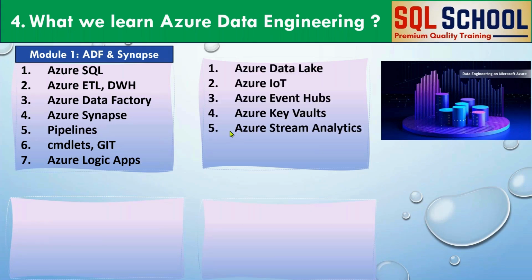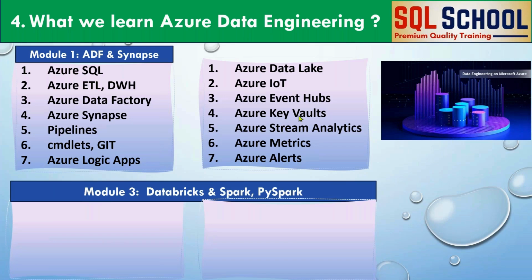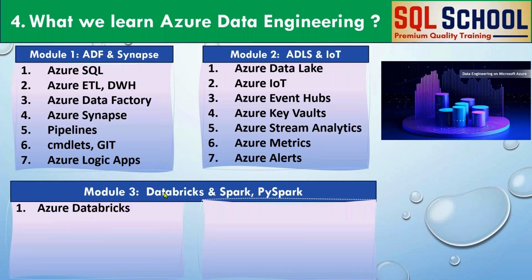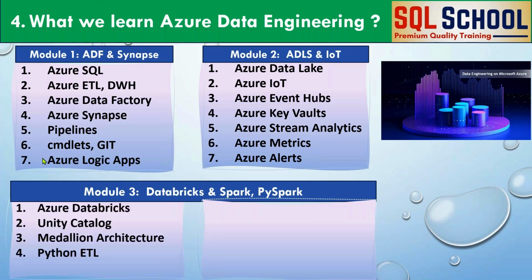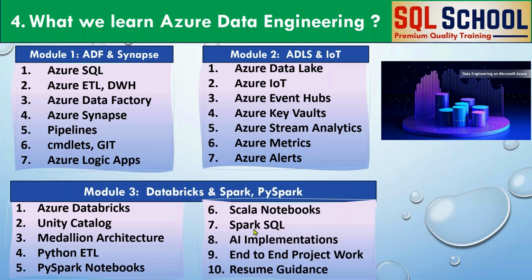Module 2 is all about data lake, IoT, events, event hub, key vaults, metrics, etc. Module 3 is an open source ETL and warehouse called Databricks, Unity catalog, Medallion architecture, Python ETL notebooks, Spark AI implementations with complete resume guidance.